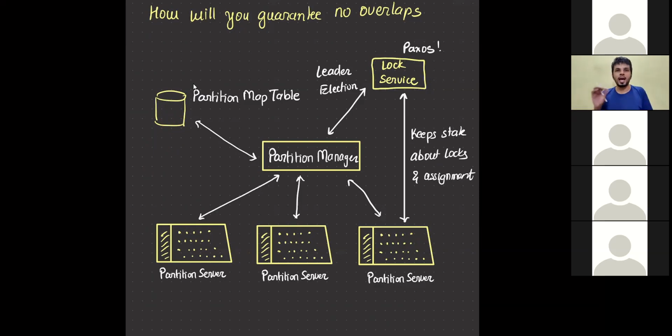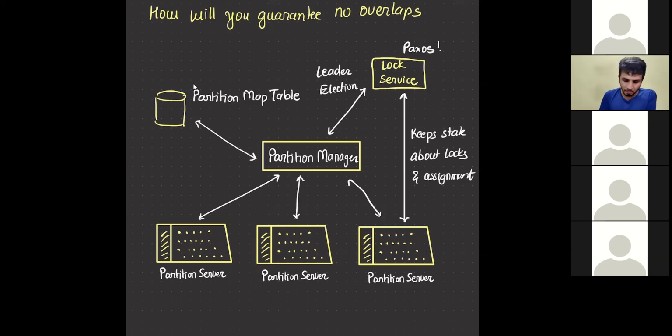I just thought of adding this sort of stuff, where all the theory of distributed systems that we read, where have we used it? This is something Azure uses in production, right? But if I were to do it on day zero, I would still let my partition server ping the partition map table to get the data on which partitions it owns, and then access that data, right?